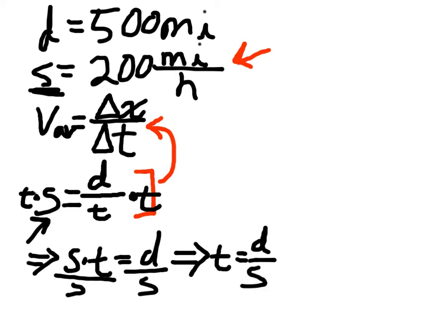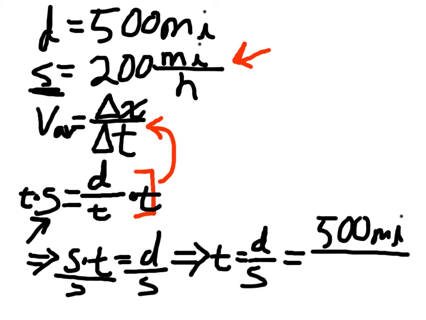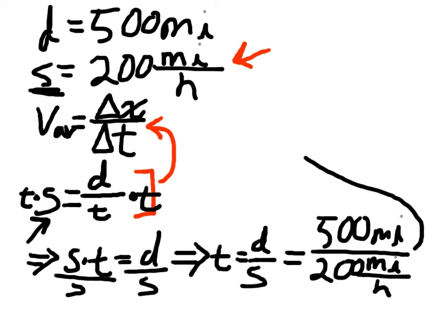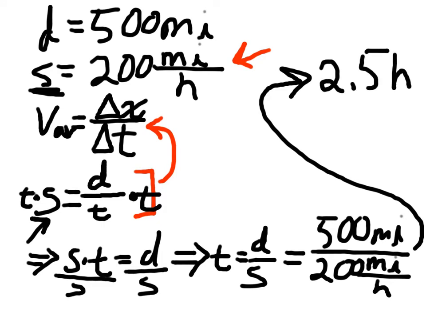Now I can substitute in. My distance is 500 miles. My speed is 200 miles per hour. And if you divide that out, you get 2.5 hours.